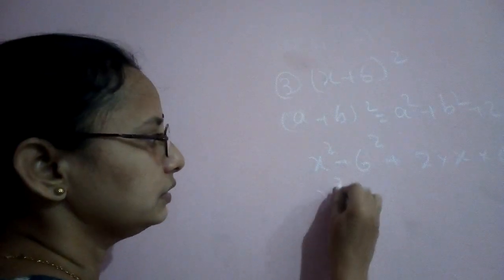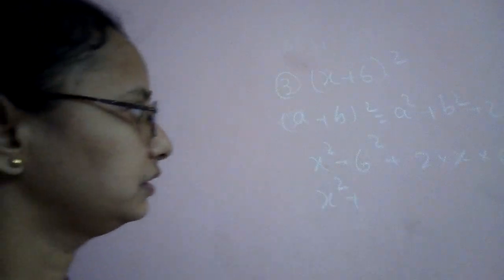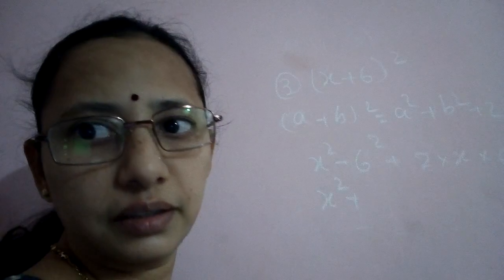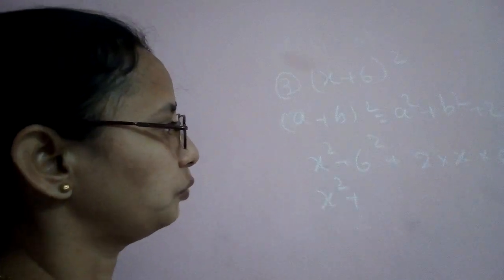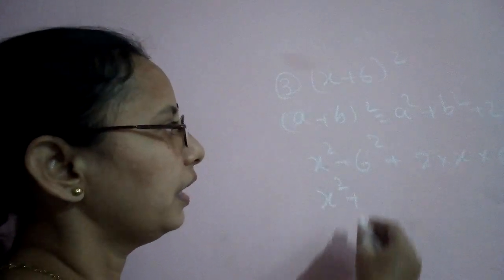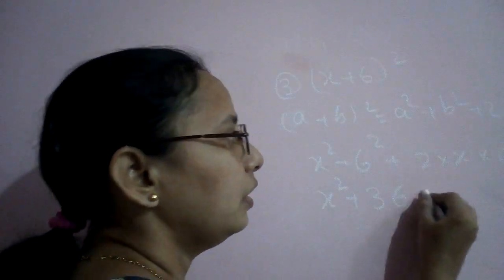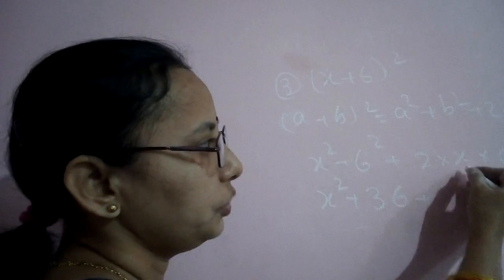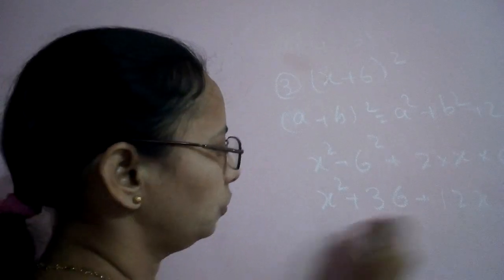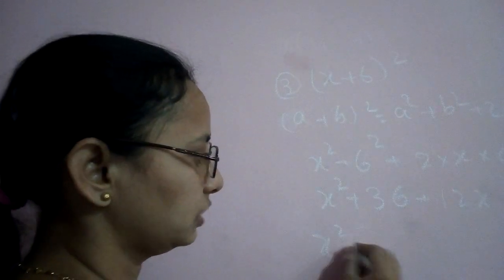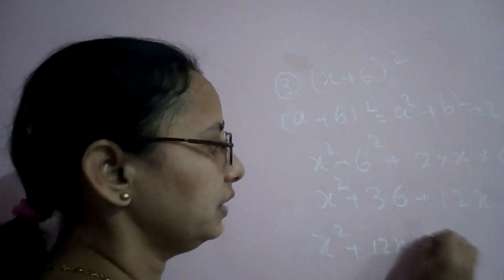See, x square is kept as it is, since we don't have any other same degree variable. 6 square is 36, and 2 into 6 is 12, 12 into x is 12x. So the final answer is x square plus 12x plus 36.